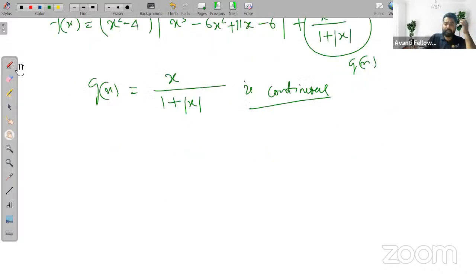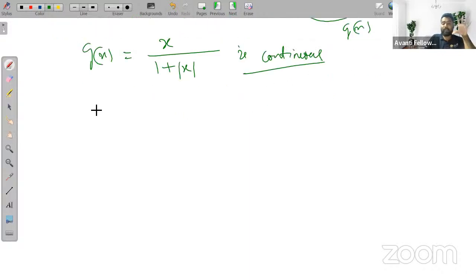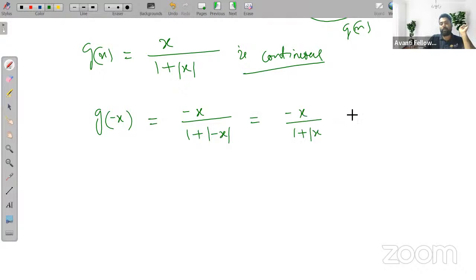If this function is continuous, and also another thing I'm saying, if I take g of minus x, what will happen? Minus x upon 1 plus mod of minus x. This becomes again minus of x upon 1 plus mod x, which in place of these functions, can I write minus of g of x? Yes. So here we get the property: g of minus x is equal to minus of g of x, right?